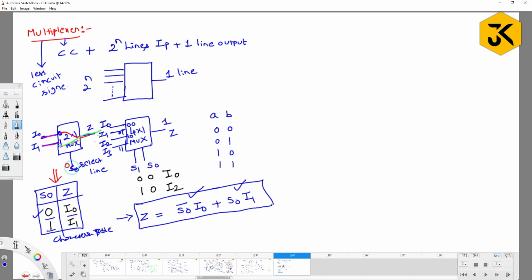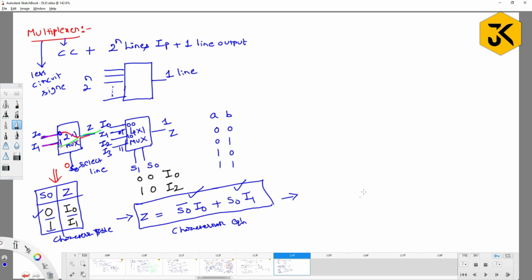If I give S0 as 0, what is the output you expect? I0. So 0 into I0; 0 means we represent it as S0 bar into I0. This is what I call the characteristic equation.